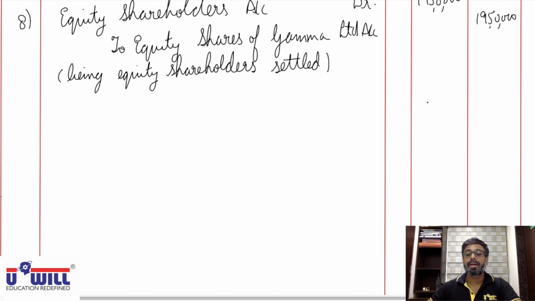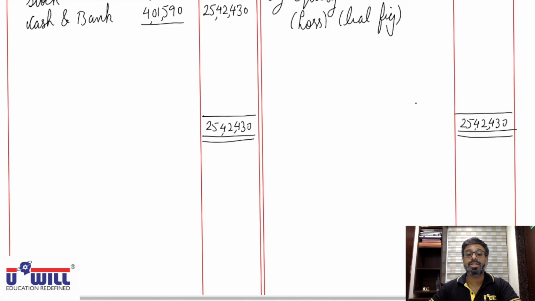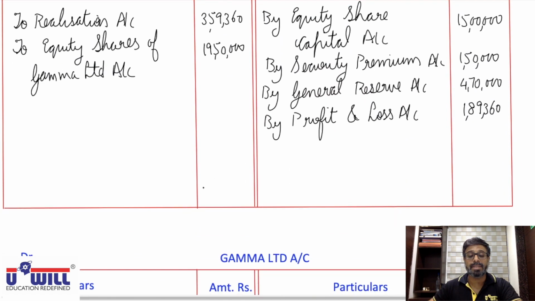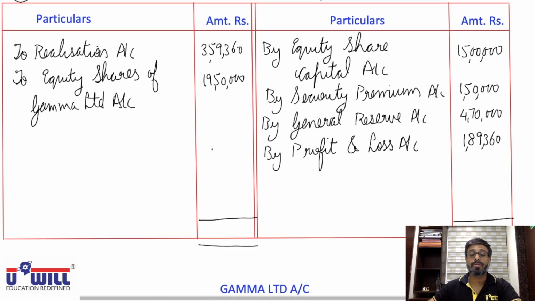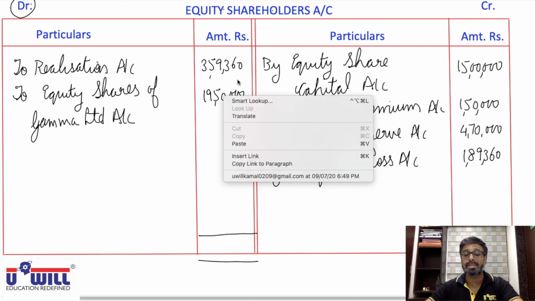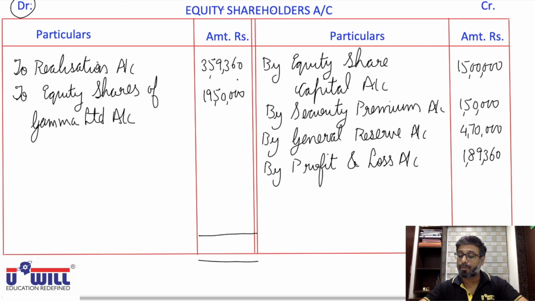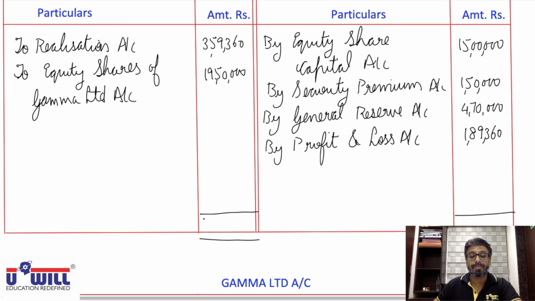And what did I tell you lastly? Equity shareholders account must get tallied, it must get closed. If you total the equity shareholders account, 3,59,360 plus 19,50,000 comes to 23,09,360.